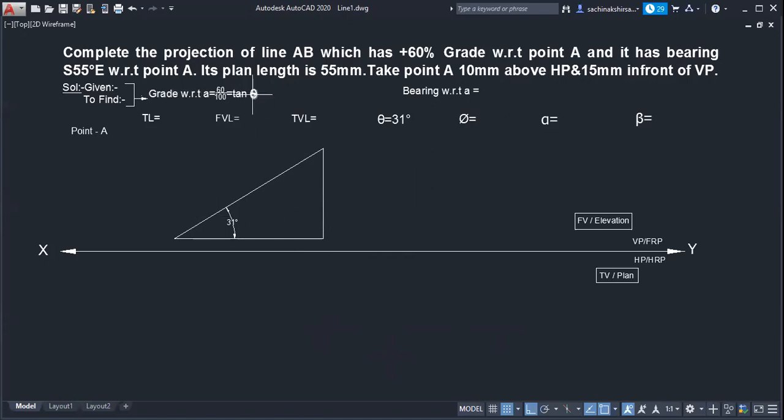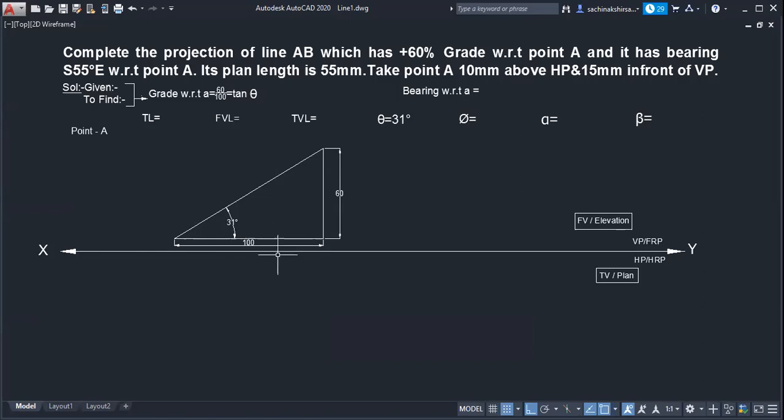Theta can be found by two methods. Grade is nothing but theta. You can draw the horizontal 100 and vertical 60, and measure this angle.